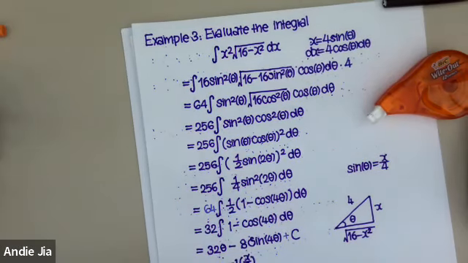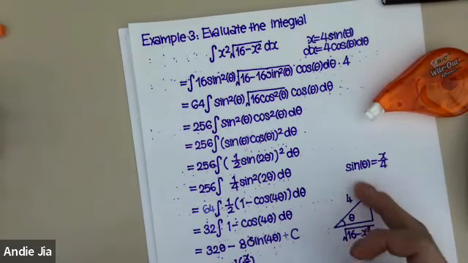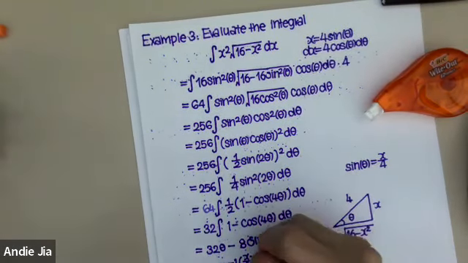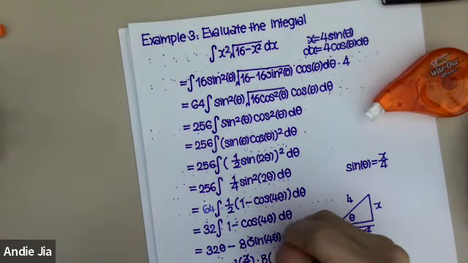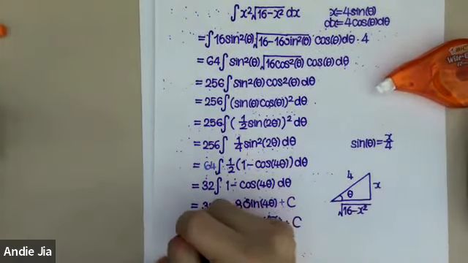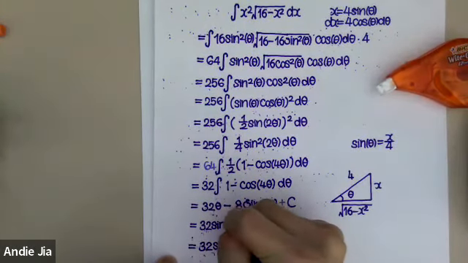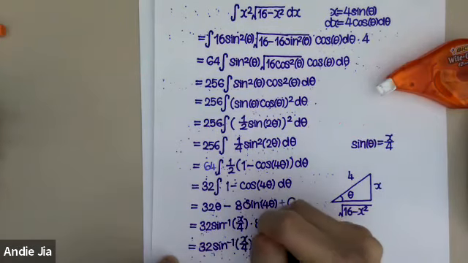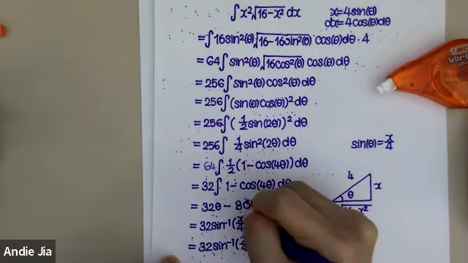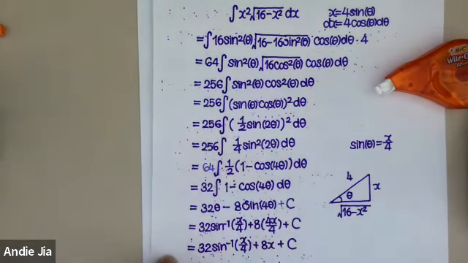Sine of 4 theta, so just the x, is going to be 8 times 4x over 4 plus constant of integration. This is just going to be 32 arc sine of x over 4 plus 8x plus constant of integration.